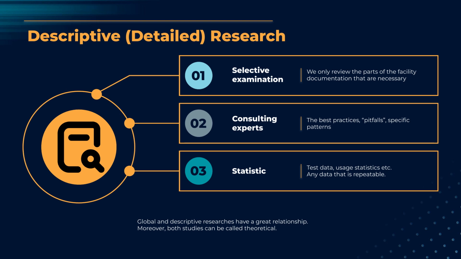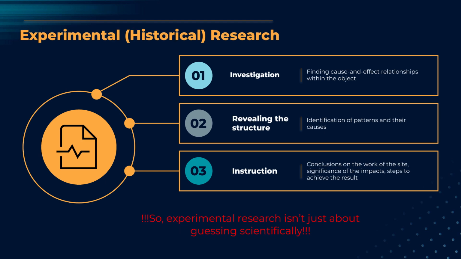But there's another type of research that's quite different in both structure and purpose. Experimental or historical research. This type of research is very different from the first two in two key ways. First, it's practical because we work with more concrete subjects. While exploratory and descriptive research focus on understanding the theory so we can apply it later, experimental research works the other way around.